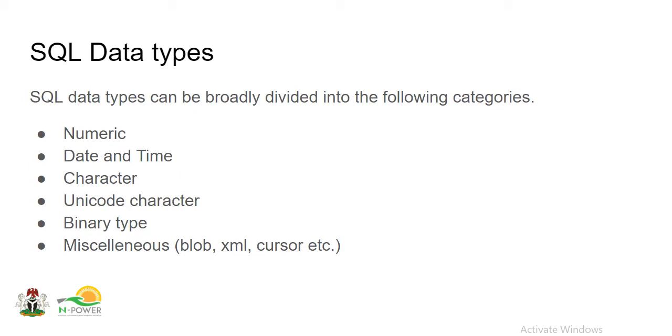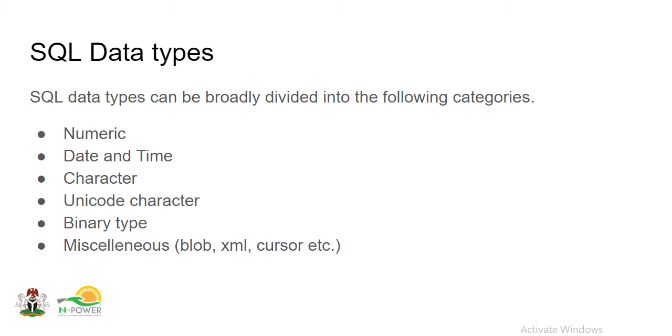Examples of those are date, time, datetime, etc. Another category is the character and string data type. Examples of the character and string data types are char, varchar, text, etc.